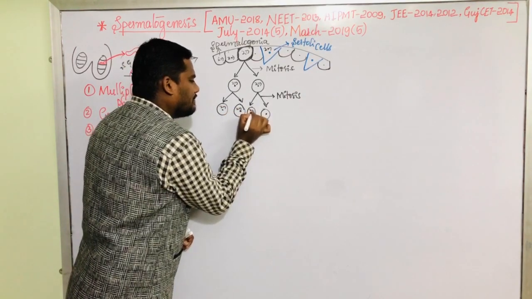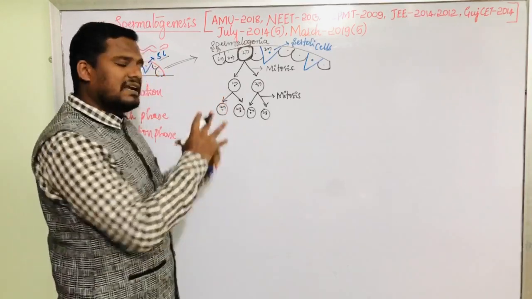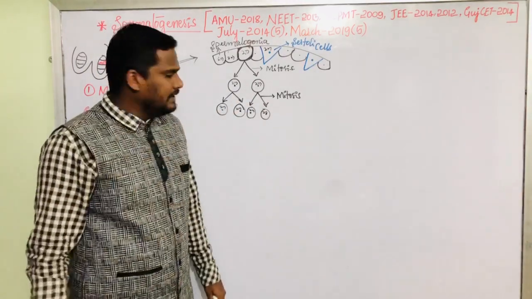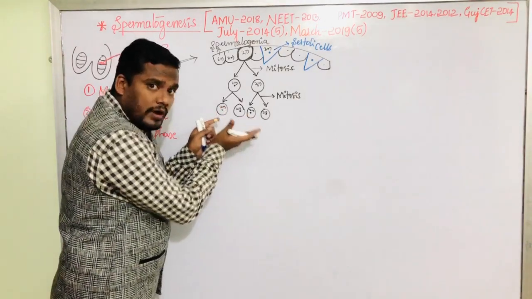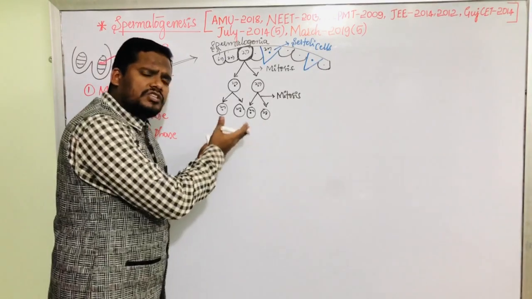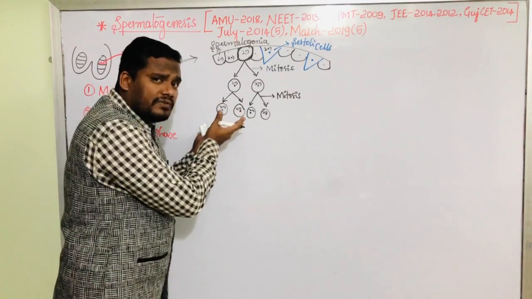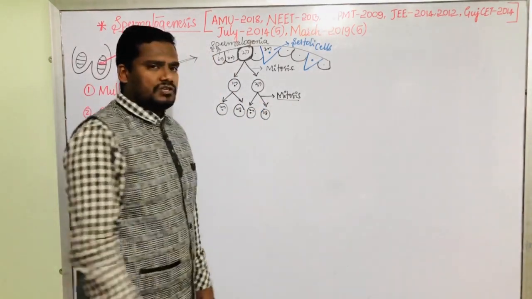Let us keep track of the ploidy and chromosome number so that we can understand the concept in a better way. Now, these 4 cells in future give rise to 8 cells, from 8 to 16, 16 to 32, 32 to 64, like that. The number of cells keeps on increasing by mitotic divisions.